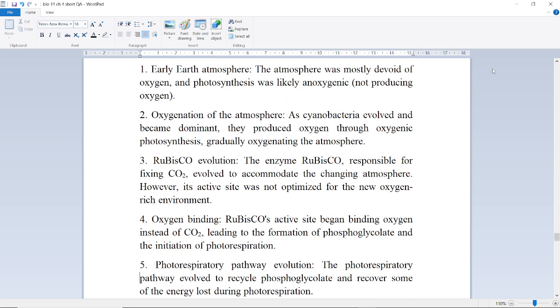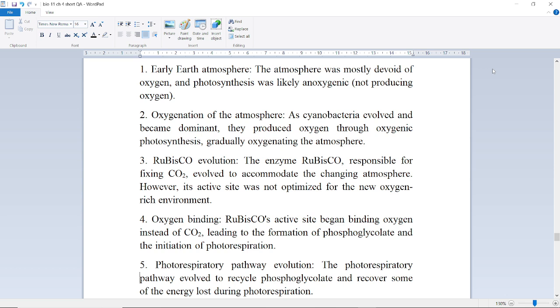The atmosphere was mostly devoid of oxygen, and photosynthesis was likely anoxygenic, not producing oxygen. Oxygenation of the atmosphere. As cyanobacteria evolved and became dominant, they produced oxygen through oxygenic photosynthesis, gradually oxygenating the atmosphere.